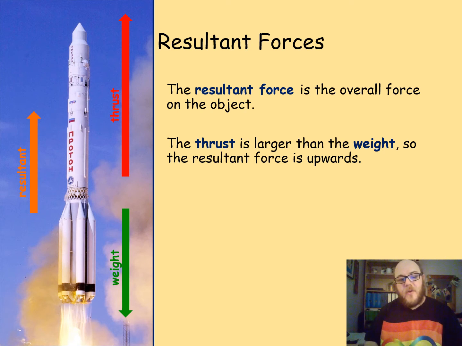Now this arrow should be the length of the thrust minus the length of the arrow representing the weight. This allows us to calculate forces. If you have a proper scale diagram with a ruler, you can measure the length of each arrow, and if you know what each arrow represents, you can calculate the forces from your final arrow.